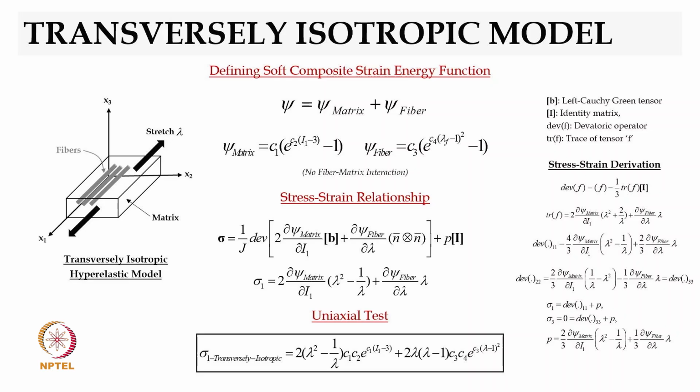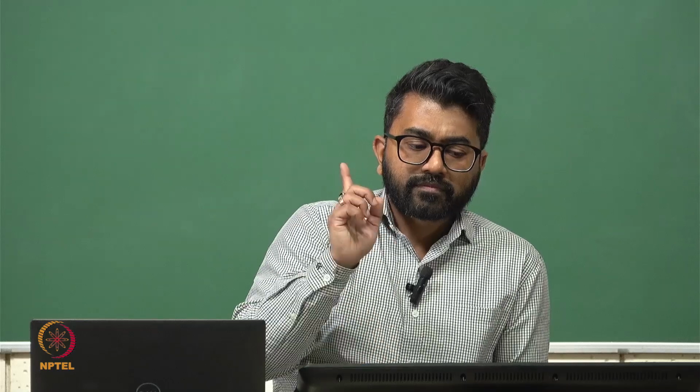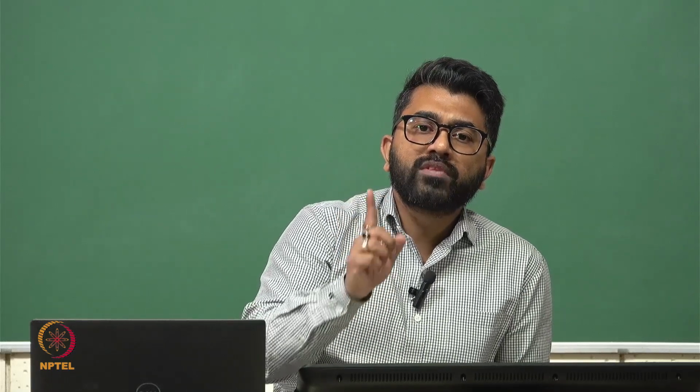So this transversely isotropic model assumes that in a soft material or a soft tissue there are fibers. However, the overall property of the material when you pull it along a certain direction depends on the contribution of the matrix and the contribution of the fibers.